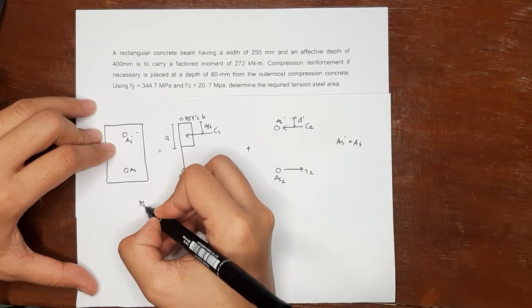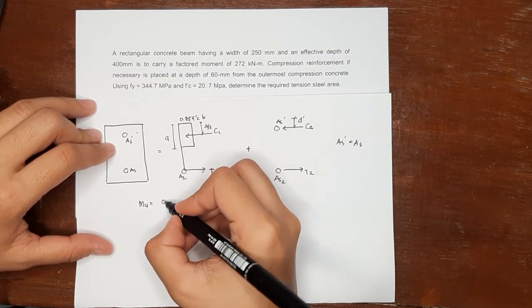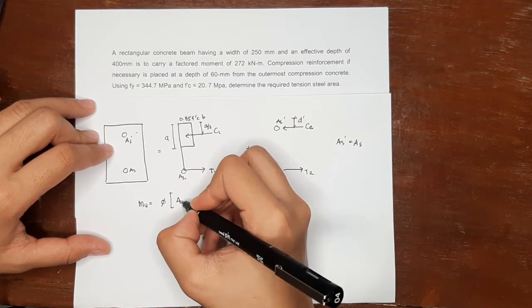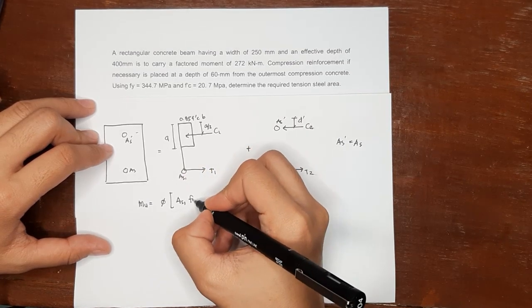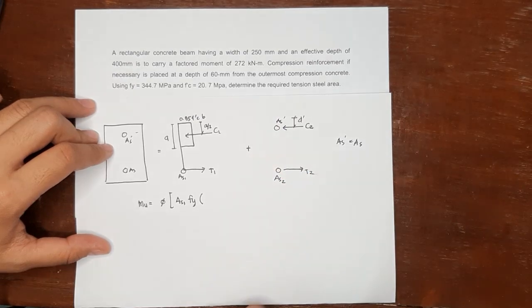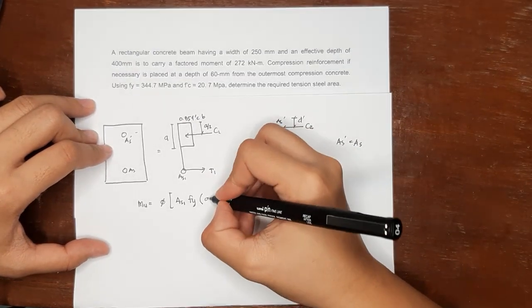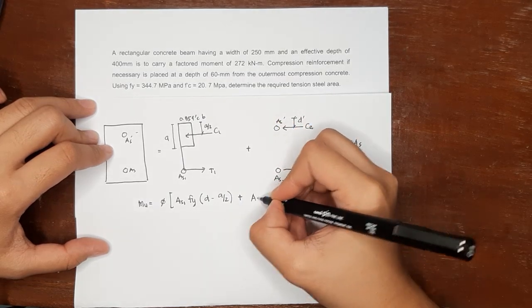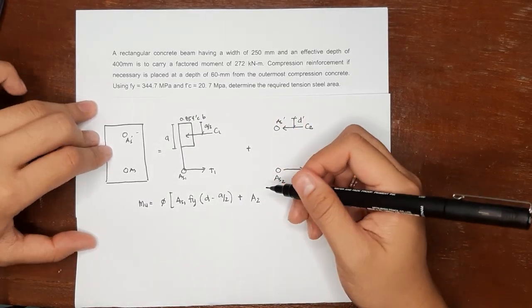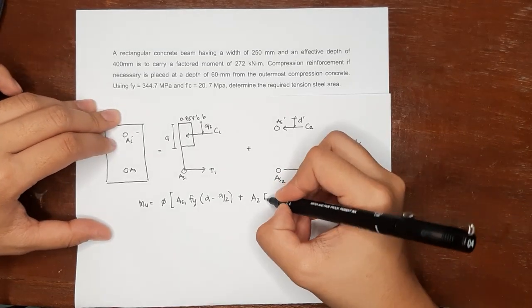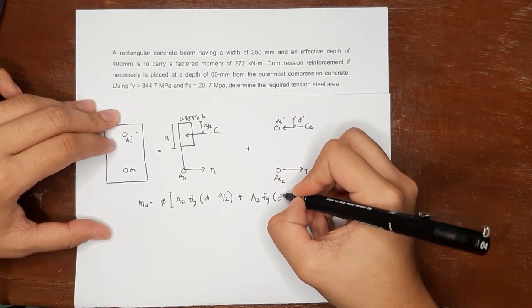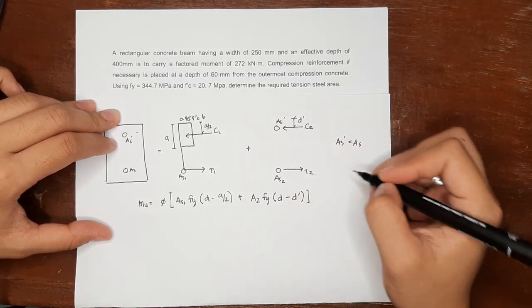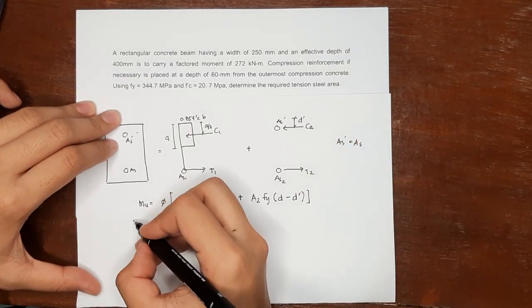Therefore, your MU would be equal to your phi multiplied to your AS1 Fy. Your lever, your moment arm is equal to your D minus A over 2 plus AS2. Since it is yielding, we are also using Fy multiplied to D minus your D prime. Okay.